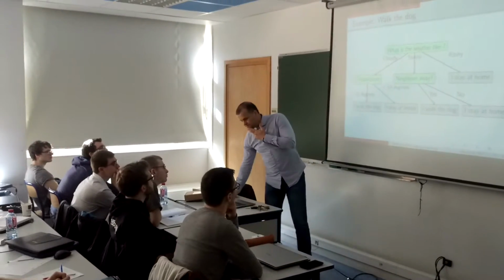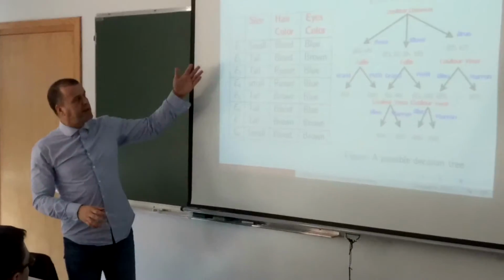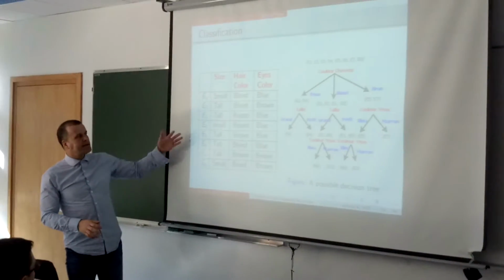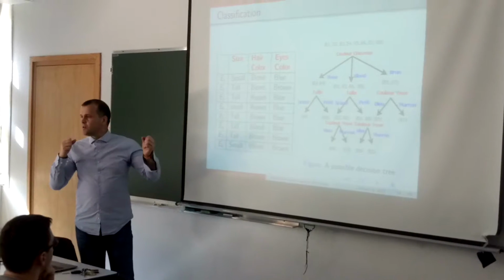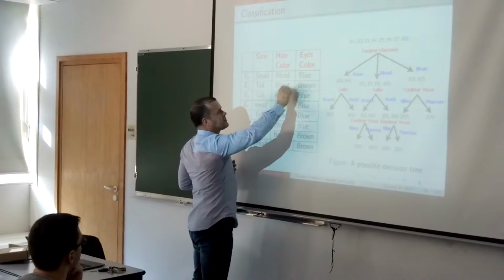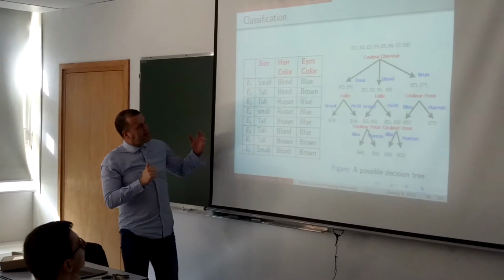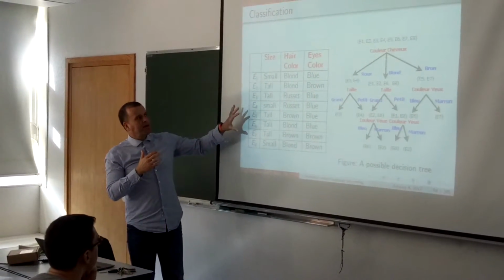For example, if we have this sample of data, we have 8 data here concerning people with their characteristics or features, about the size, the hair color, the eye color, and so on. And we would like to build a decision tree concerning this one.